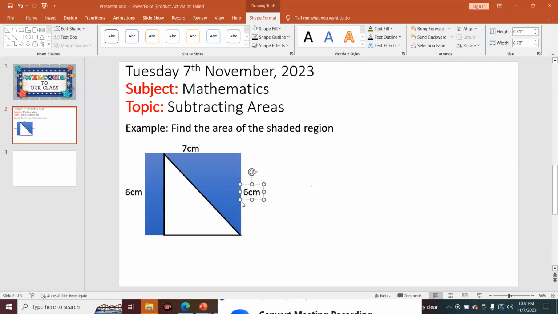And let's say that the distance from here to here, the distance of the hypotenuse, let's say that it is 9. So with the distance of the hypotenuse right here, let's say that that's 9 centimeters.